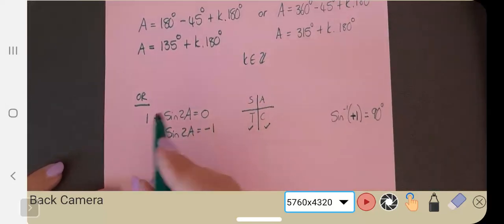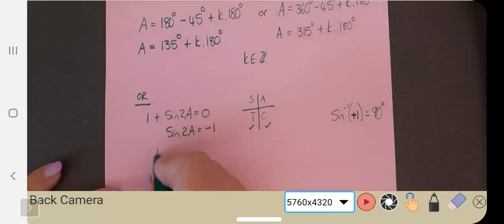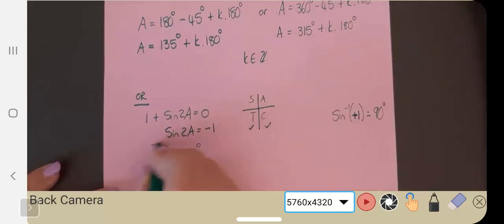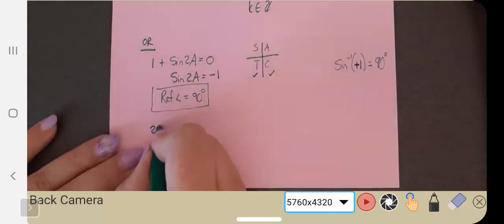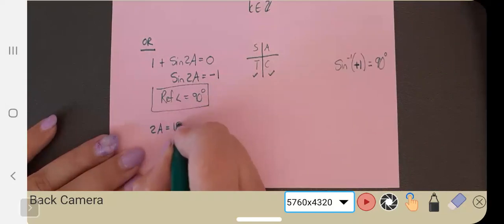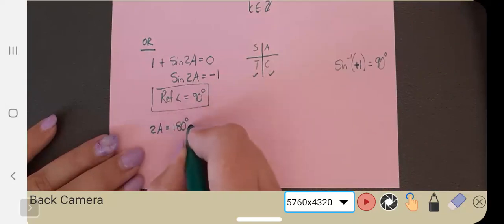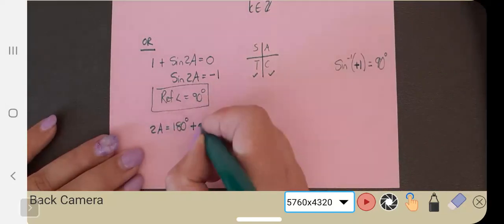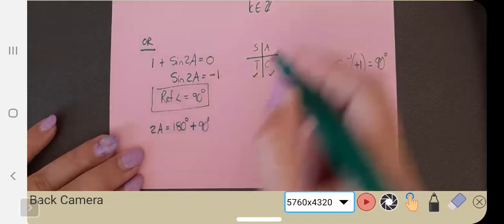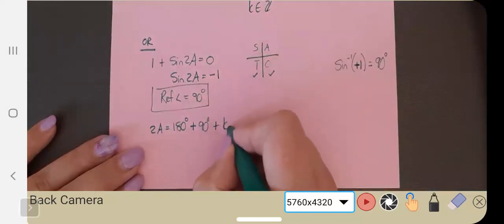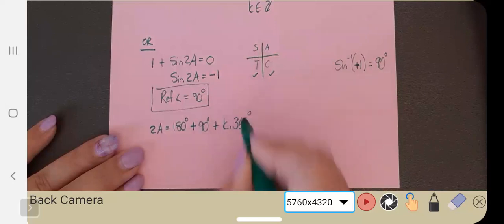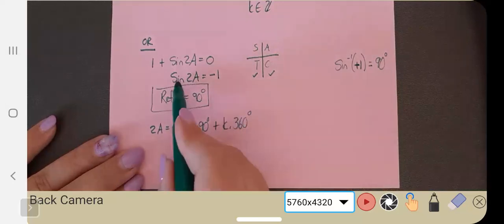So 2A, the reference angle is 90 degrees. 2A will be equal to 180 plus 90 degrees to get into this quadrant, plus k times 360 degrees. This is the period for sine.